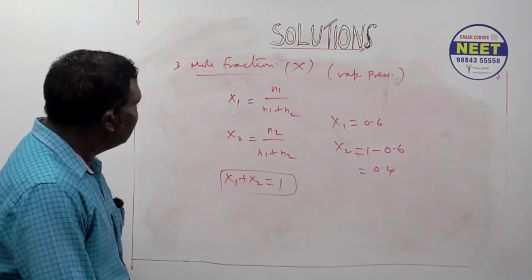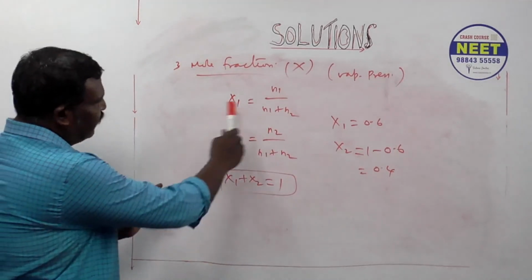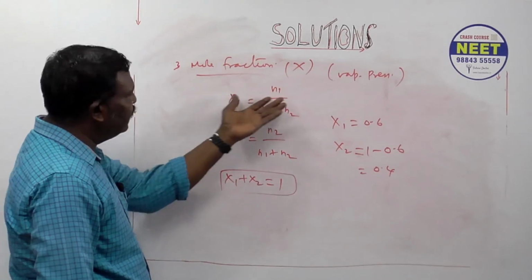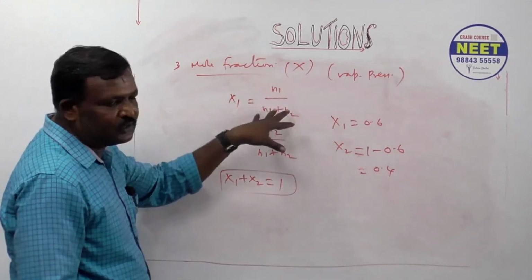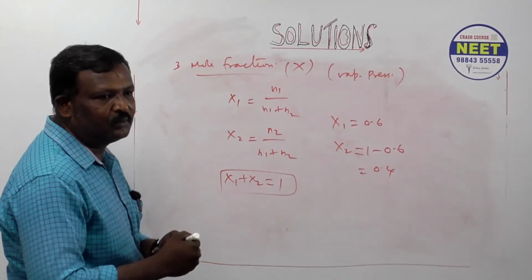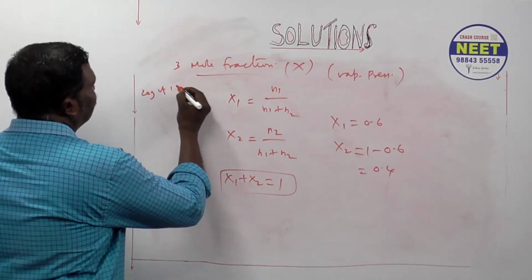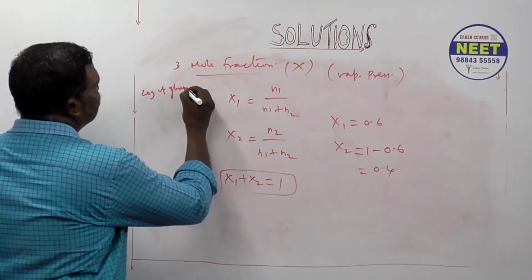Here N1 is the formula for X1. If we know N then only we can substitute, but they will not give N. They will give only gram, for example, 20 gram of glucose.